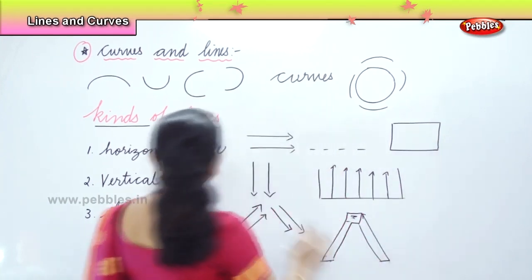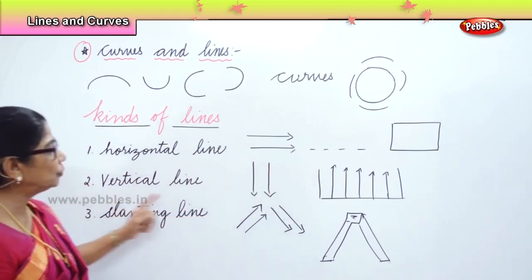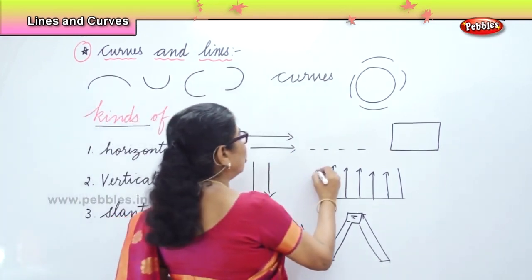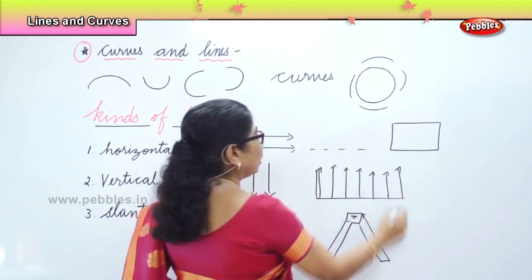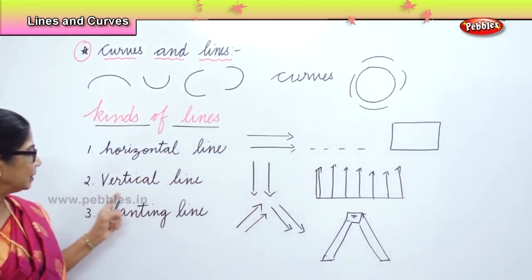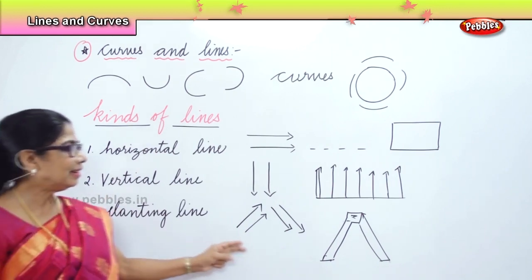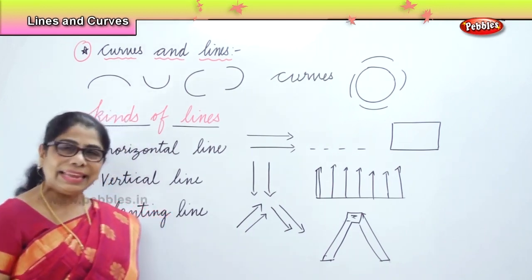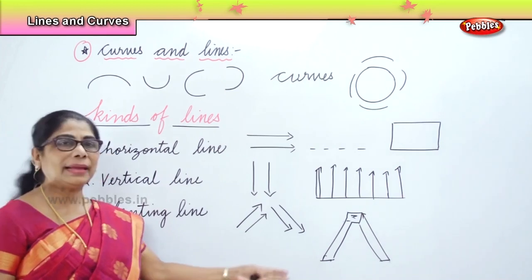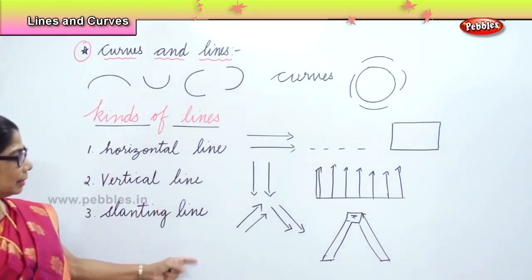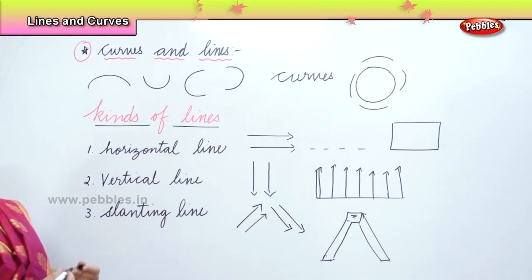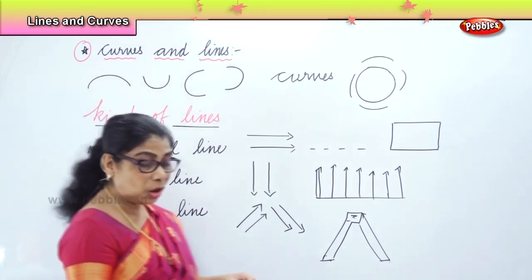Then you use vertical line if you have a nice little fence. Slanting line is used mainly to make ladders. Look at the shape of your chair. It's a ladder.